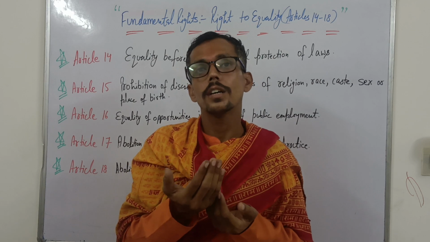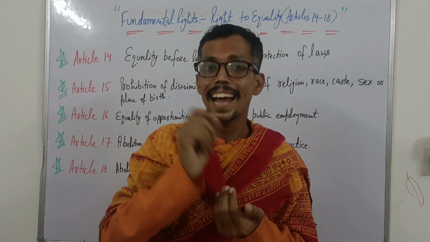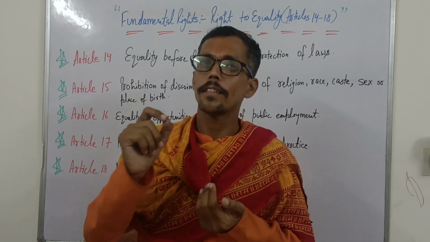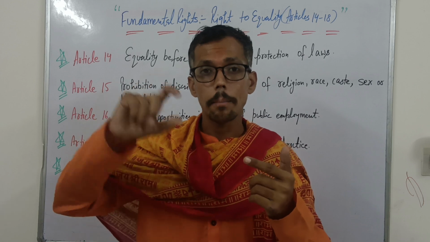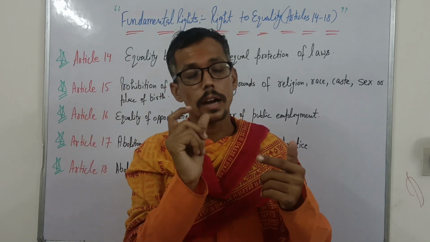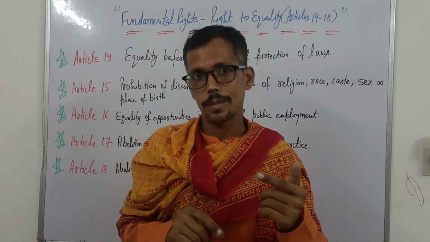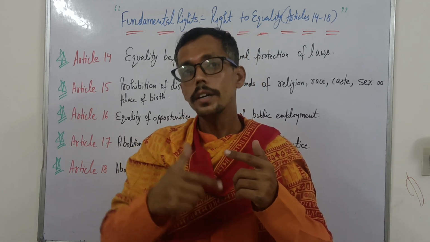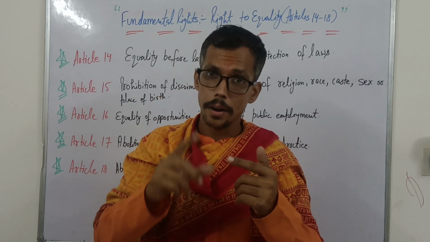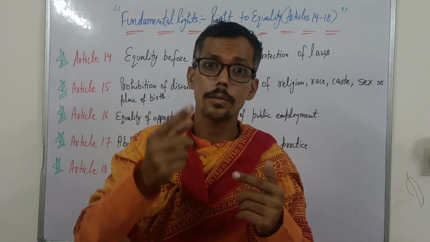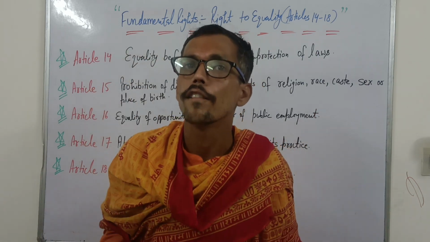It was renamed as the Protection of Civil Rights Act 1955. The act remained, the year was the same, but when it was amended and renamed, the year was 1976. So the Untouchability Offences Act 1955 was comprehensively amended and renamed in 1976 as the Protection of Civil Rights Act 1955.